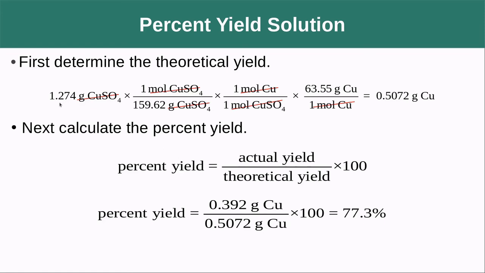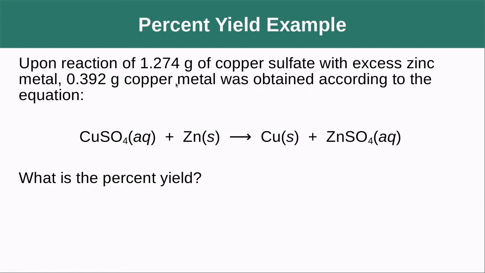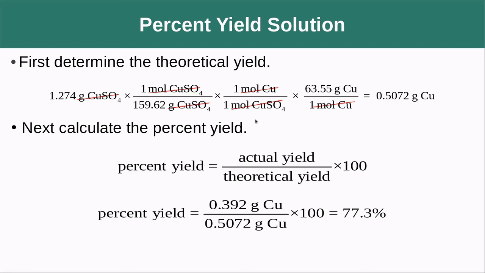So if we start off with the copper sulfate we had, we'll figure out how many moles of copper sulfate that is. We know that there's a 1-to-1 ratio because there's no coefficients here. We'll assume there's a 1 here and a 1 here between the copper sulfate and the copper. And then we multiply by the atomic mass of copper, and we should have gotten 0.5072 grams of copper.